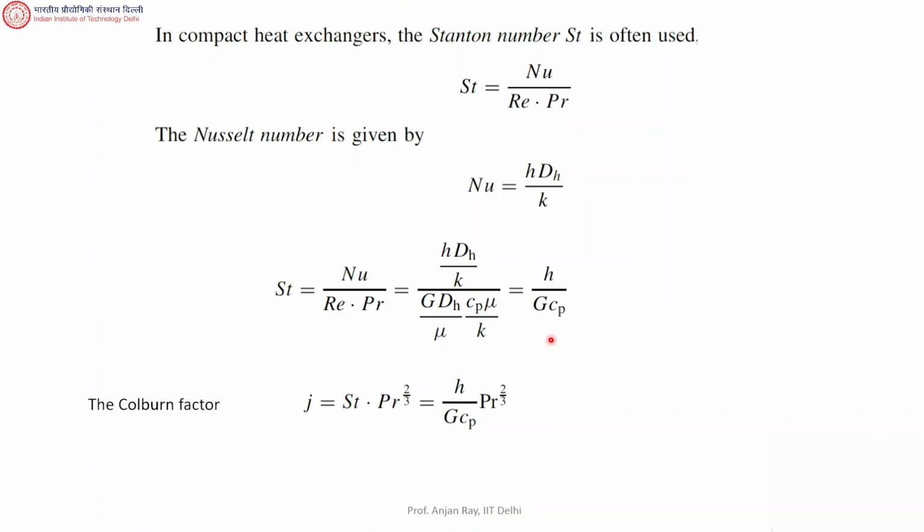Nusselt number has heat transfer coefficient, but sometimes it's more convenient to bring in a Stanton number, because there's a Colburn factor, which is J. So J is Stanton multiplied by Prandtl to the power 2 by 3. So that's what this looks like. This part is Stanton.